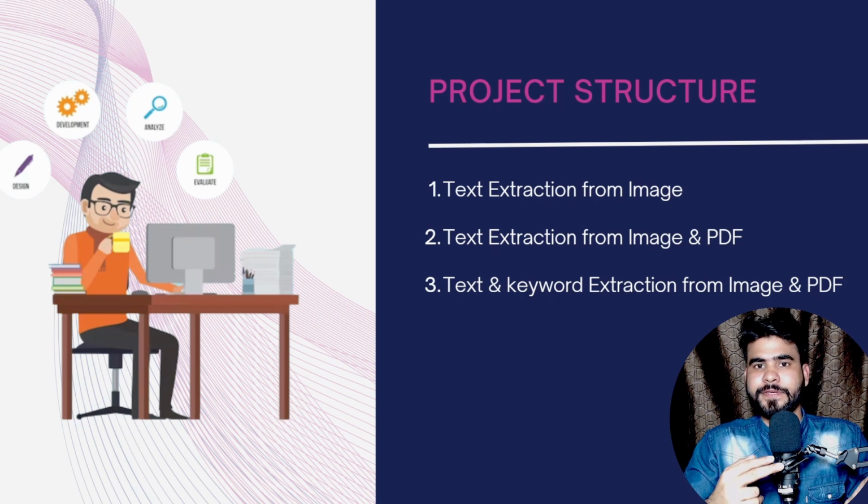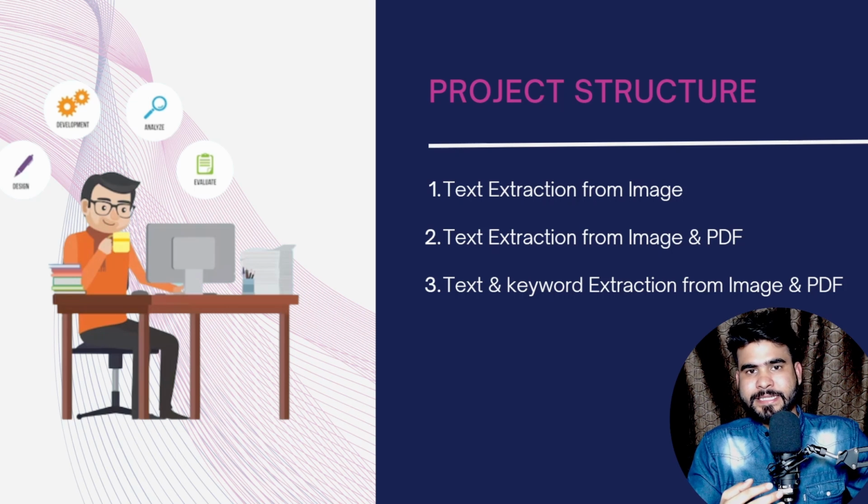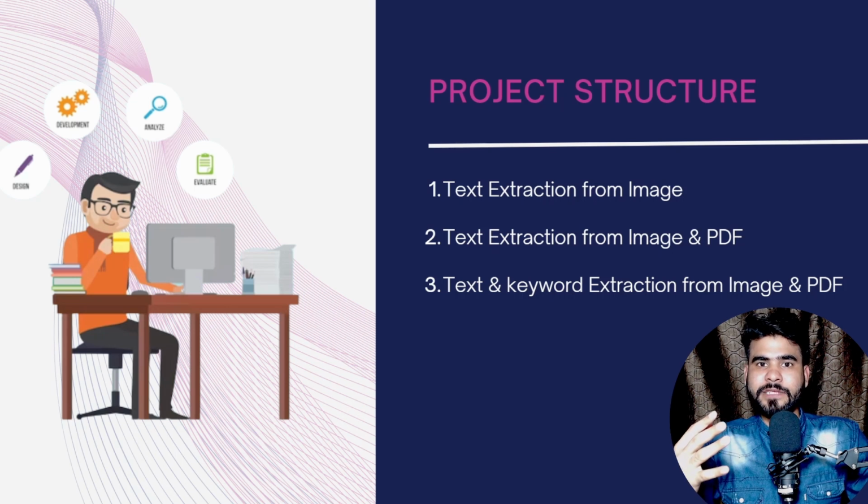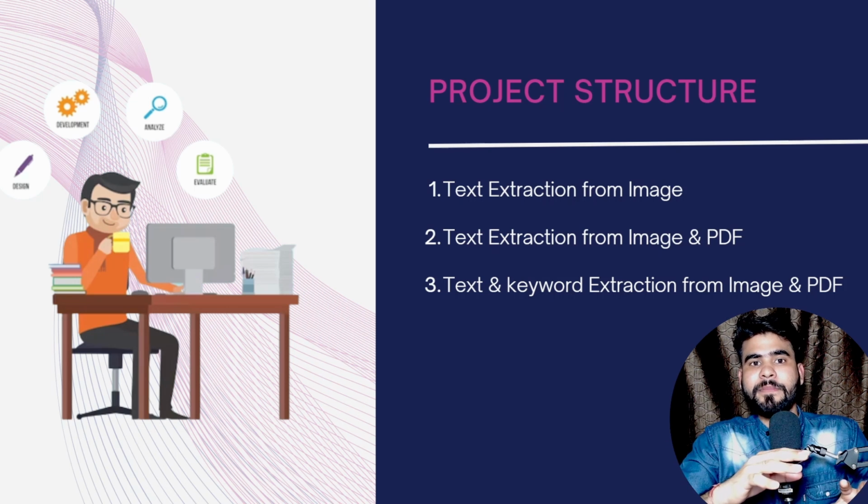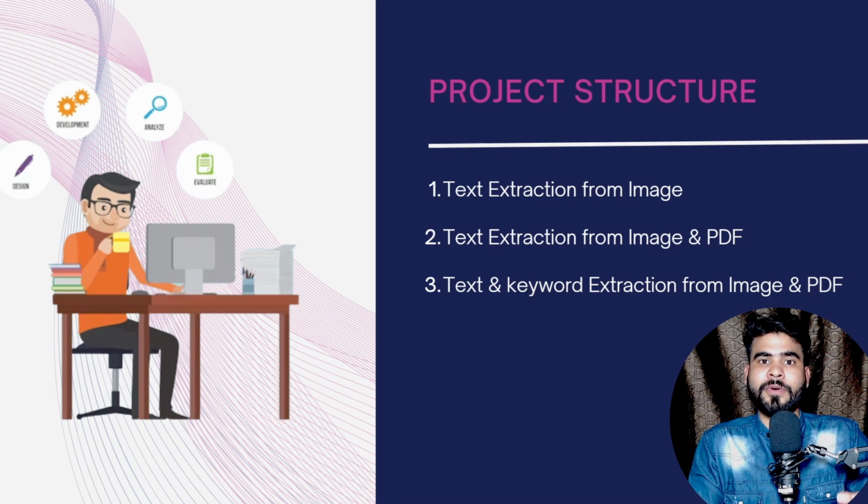In the third phase, we are going to extract the text as well as the important keywords from the text, where we have our data in the form of images and PDFs. So these are the three phases that we are going to build in this tutorial.